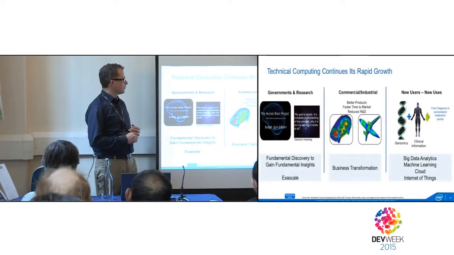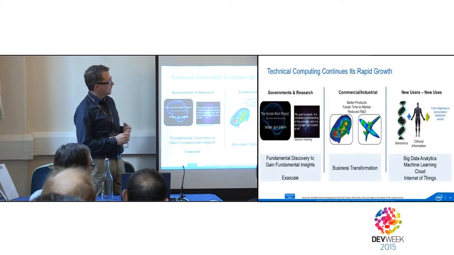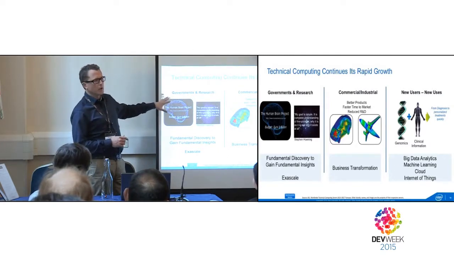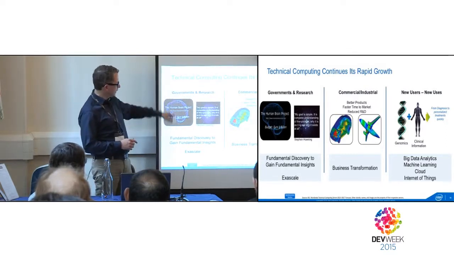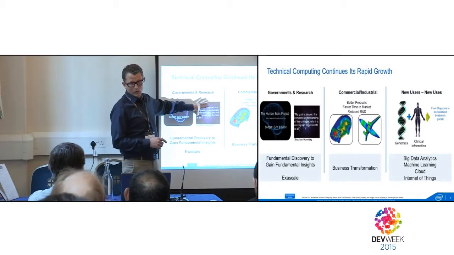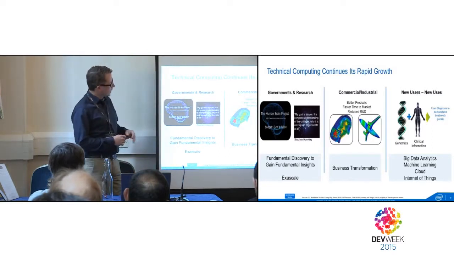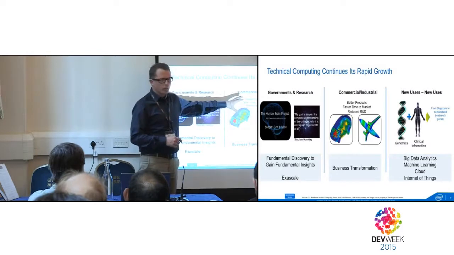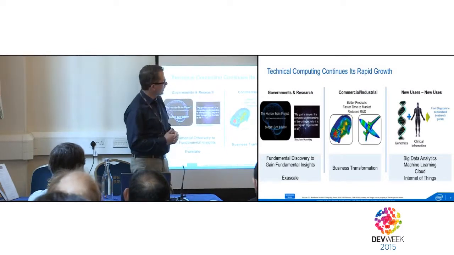So what we see at Intel in general is that technical computing is no longer only in government research and academic application development. Here they develop a lot in C++ and Fortran. Well, legacy code is in Fortran, and the newest applications are developed in C++. But it also moved, 20 years ago, into commercial and industrial applications.